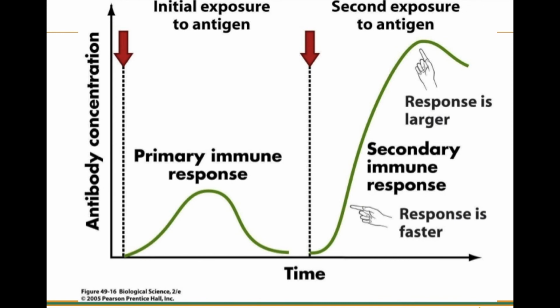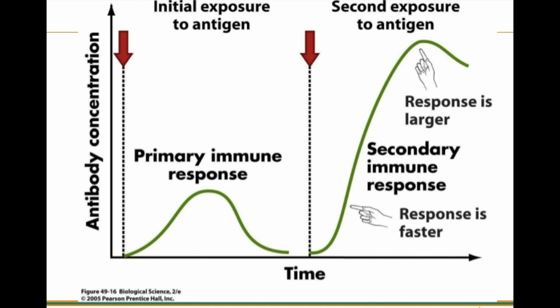Next, we need to know the time difference between exposure to the antigen and the rising level of blood antibodies between the primary and secondary response, and why is the secondary response faster? So if we look on the left here, we have the primary immune response, and on the right is the secondary immune response.